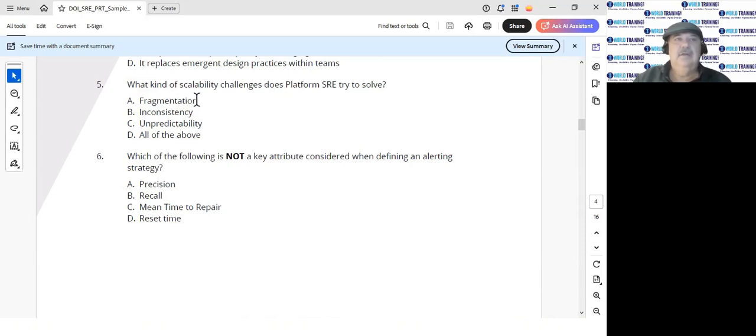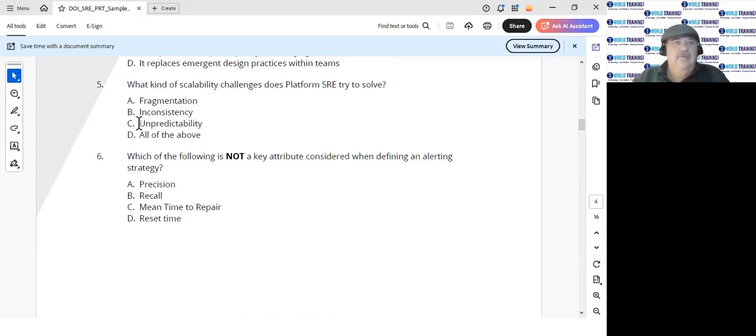Fragmentation. It's a little bit vague. Inconsistency, unpredictability. So I guess if you're talking about fragmentation of tools, yes. Inconsistency, yes, in the sense that you want to provide consistent standardization, and you can do that through platforms.